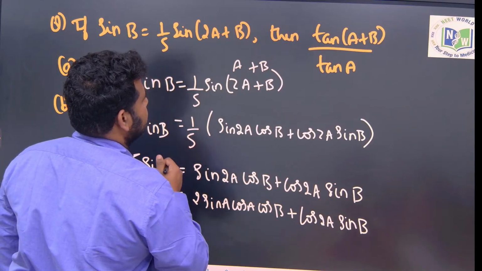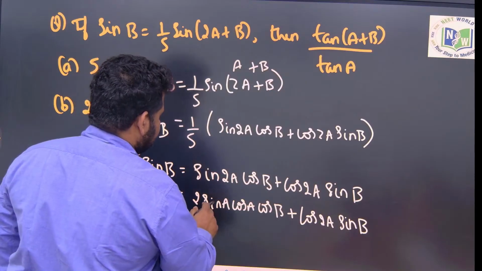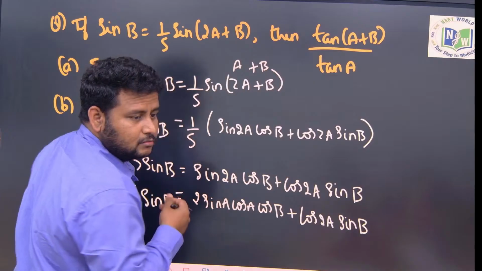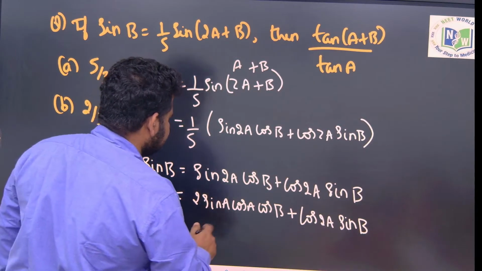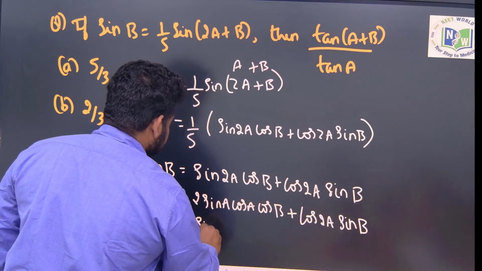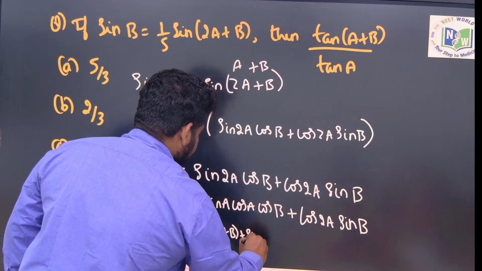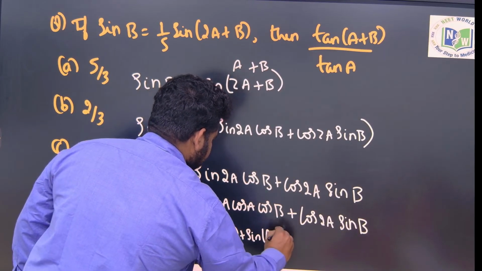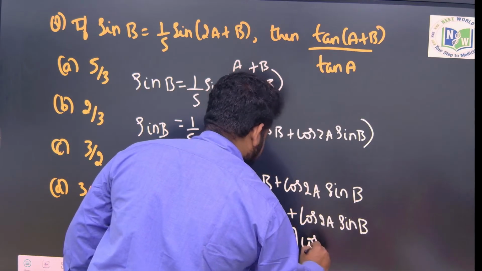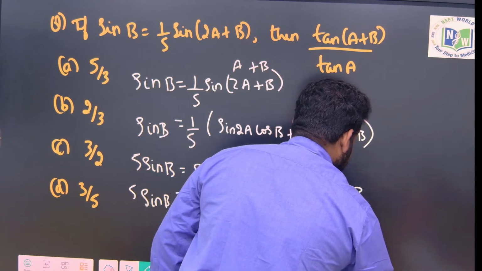Let me have a look at the question: tan of A plus B by tan A. Or 2 cos A cos B, or 2 sin A cos B, that also we can do. Sin of A plus B plus A minus B, into this entire thing into cos B, cos A, cos 2A sin B.